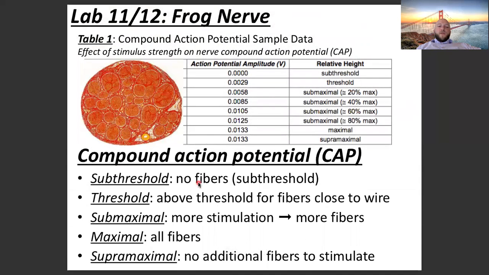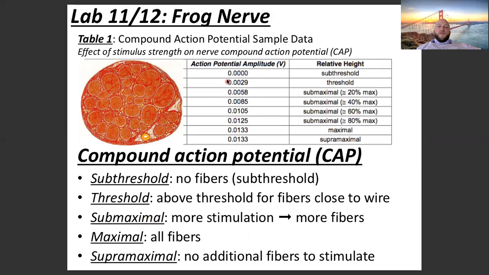So subthreshold, no fibers. We shock the nerve, no fibers reach action potential, no fibers send an action potential. Threshold is the smallest charge that gets some response, that gets some fibers to reach action potential. Submaximal is more stimulation, more fibers.